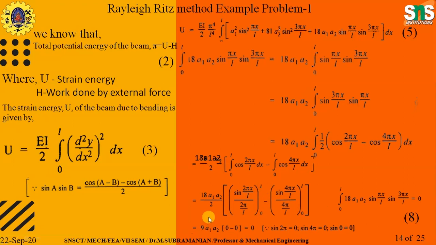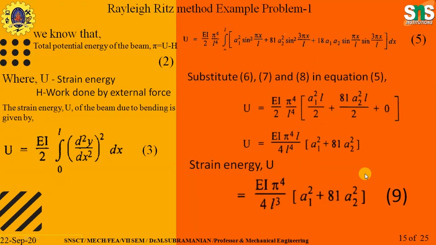After substituting the limit values, sin 2 pi equals 0, sin 4 pi equals 0, and sin 0 equals 0. So the last, third term gives the answer 0. This is equation number 8. So finally we have to substitute all these terms into equation number 5.